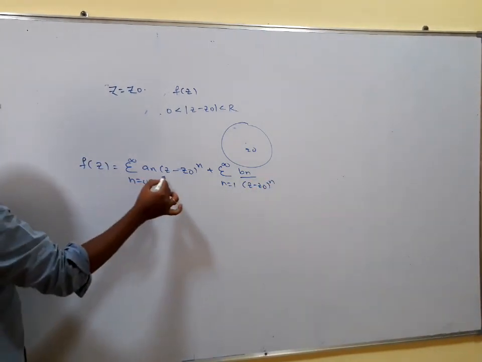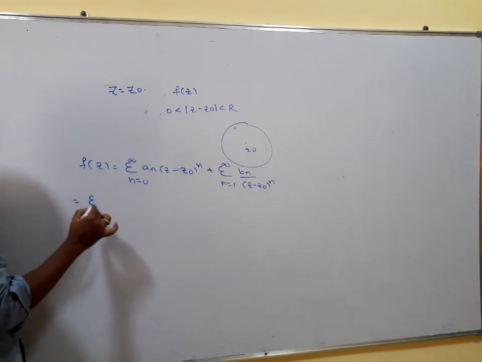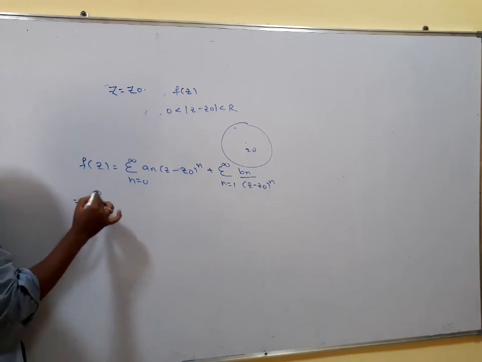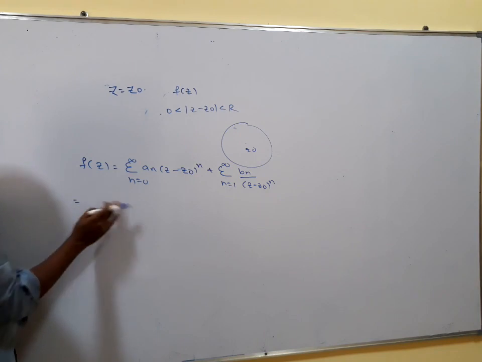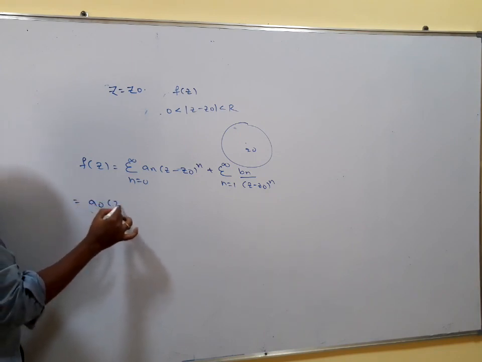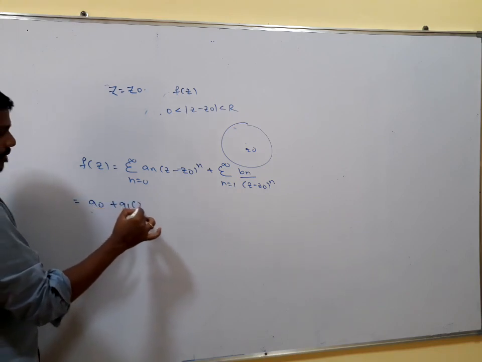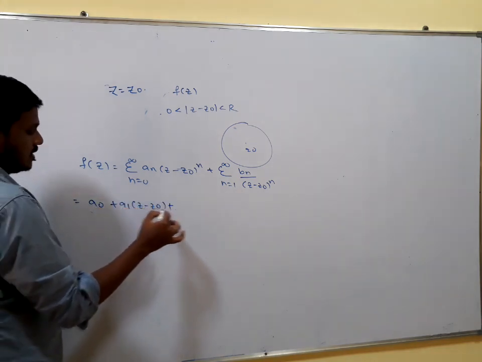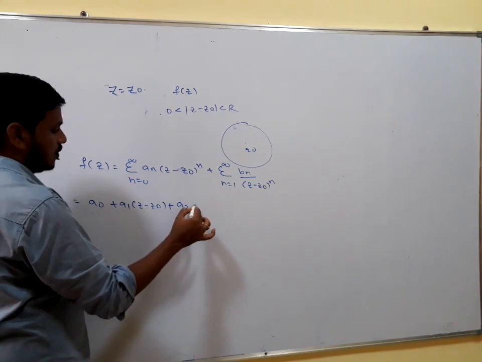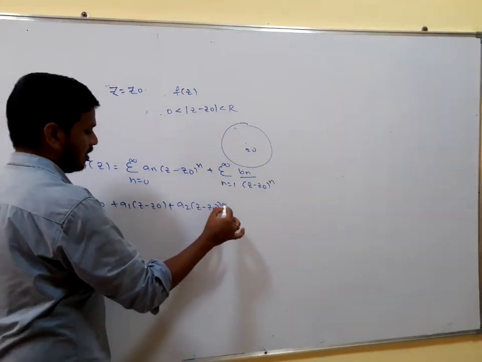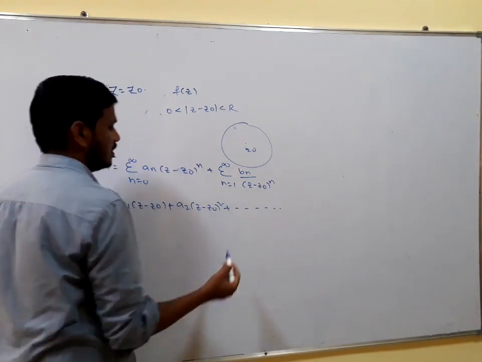Yes, the first part, if you are expanding this, we have summation n equals 0 to infinity, or if you are removing the summation, a naught into z minus z naught all to the power of 0, it is nothing but a naught plus a1 into z minus z naught plus a2 into z minus z naught whole square plus so on, right?